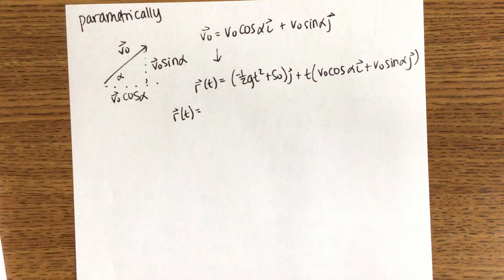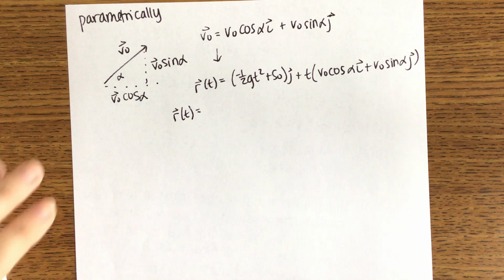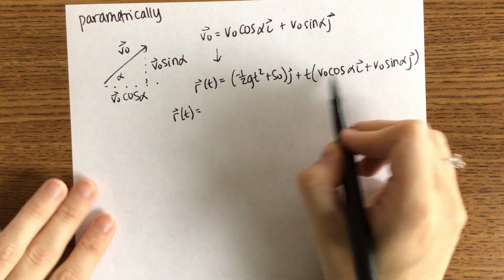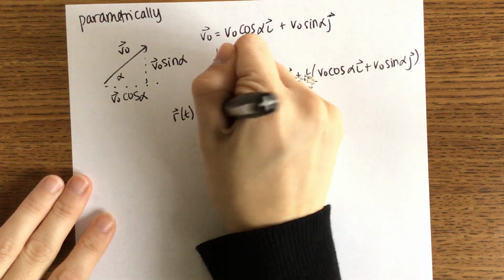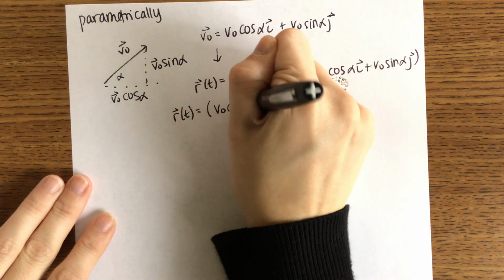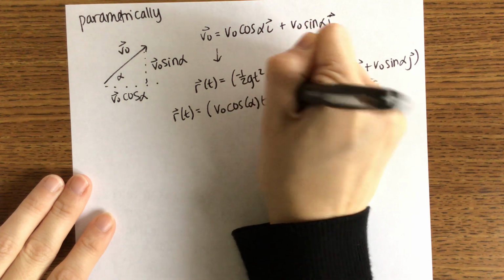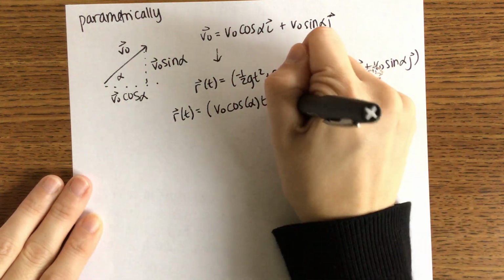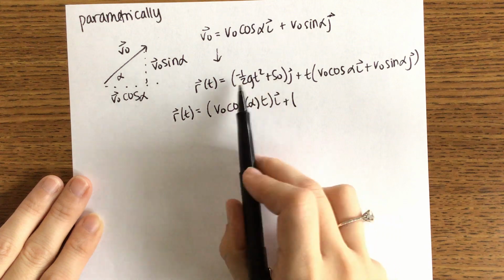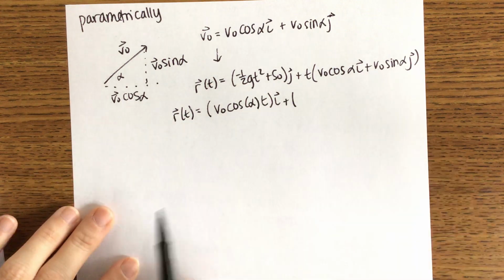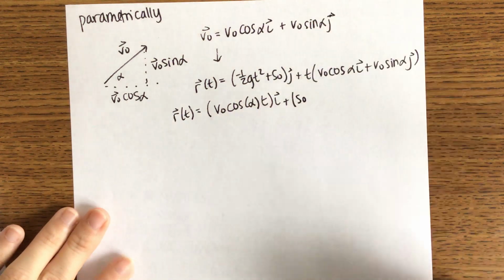What you want to do then is combine like terms. So you want to get all the i's together, all the j's together. Only i term is right here. So that'll be v naught cosine of alpha t i. J terms, there's that j term and that j term over there. So I'm going to write things in a different order.